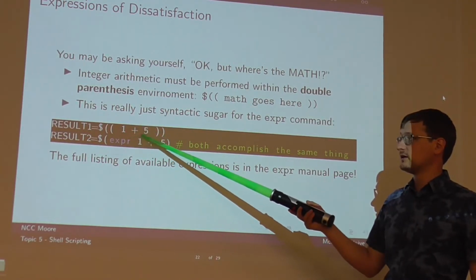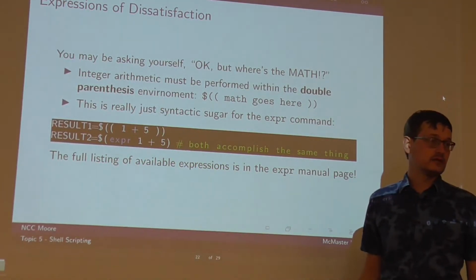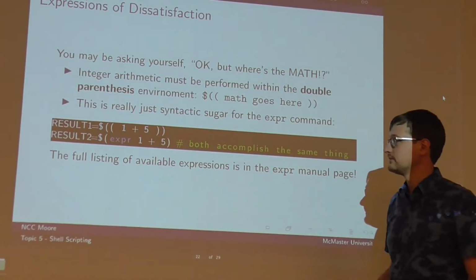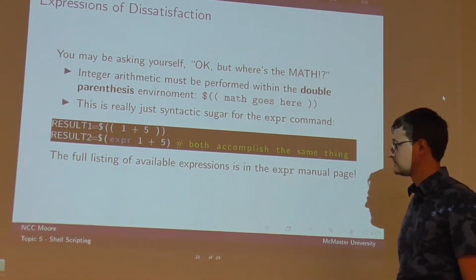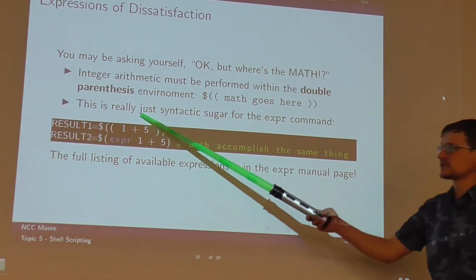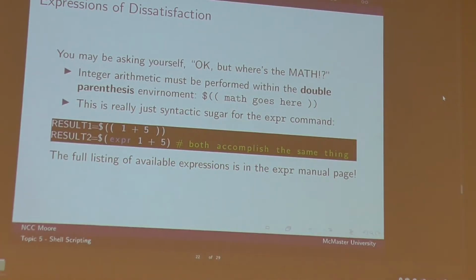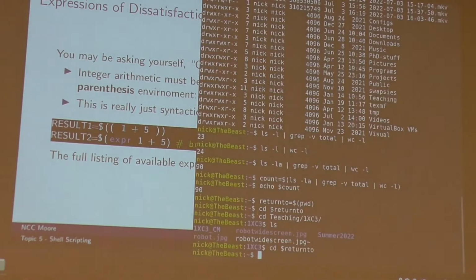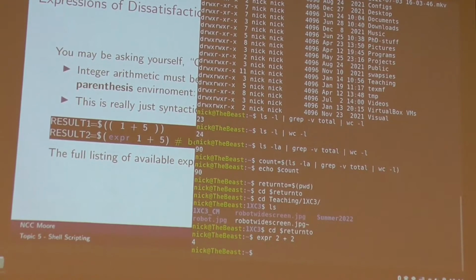Yeah, you put math in here and it will calculate, 2 plus 2 equals 4. You can then store that in variables. Both of these accomplish the same thing. So, for example, expr 2 plus 2 is 4.